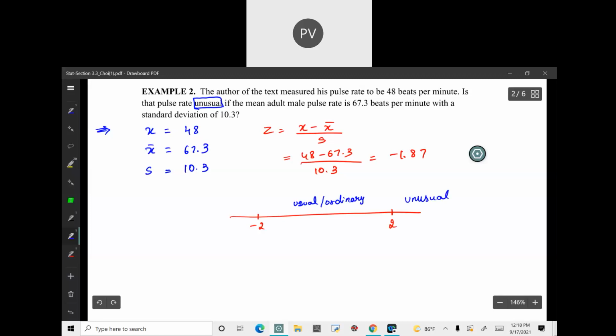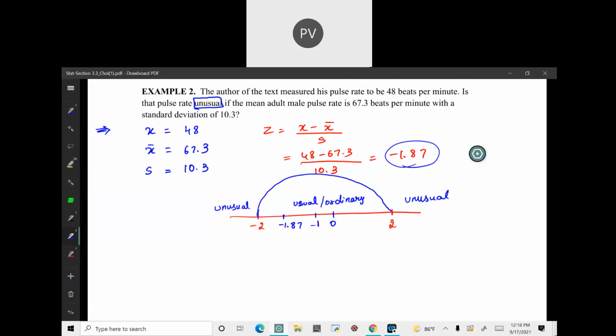Now this z-score is usual or unusual? This I will take it as -1.87.